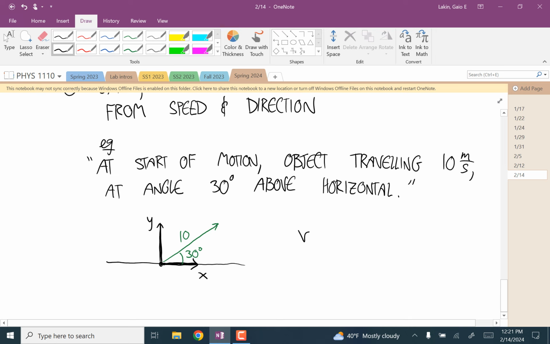The velocity vector components then would be 10 times the cosine of 30, 10 times the sine of 30, and that comes out to be 8.66 for the x component and 5 for the y component.